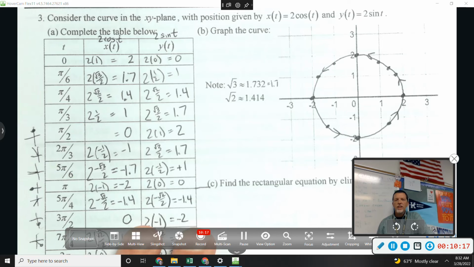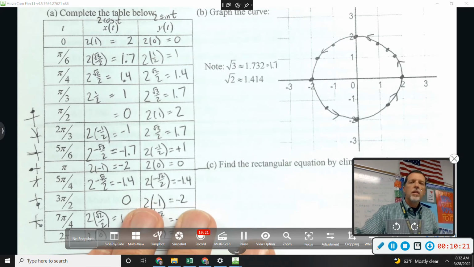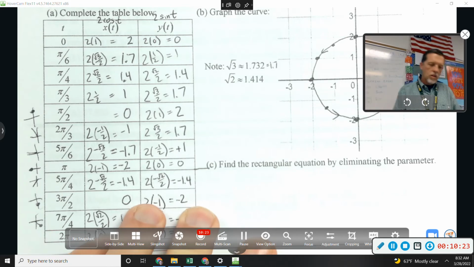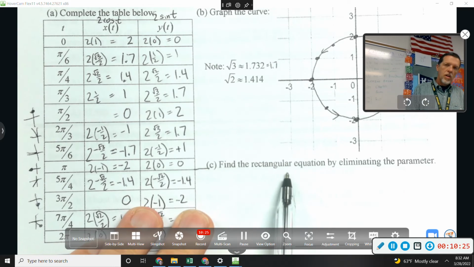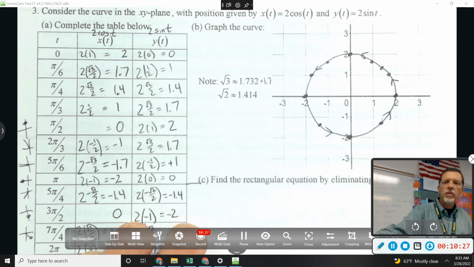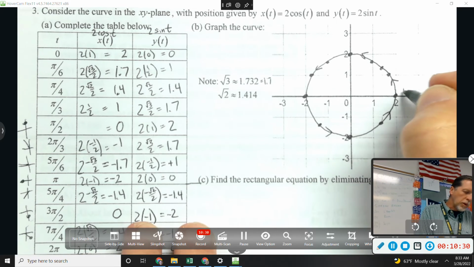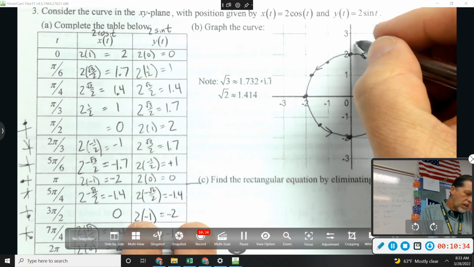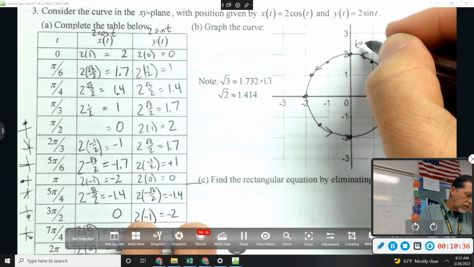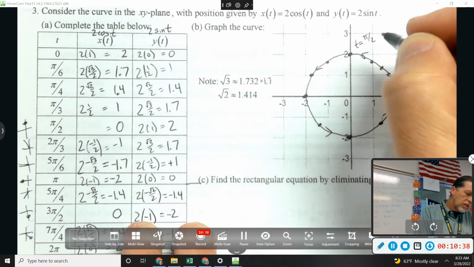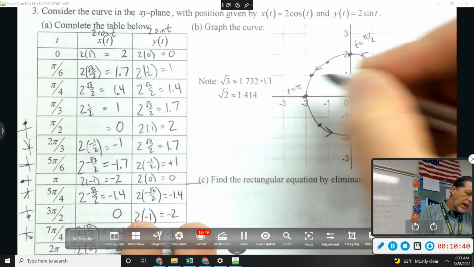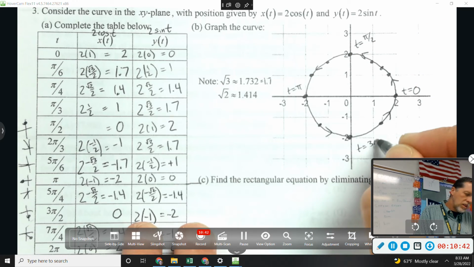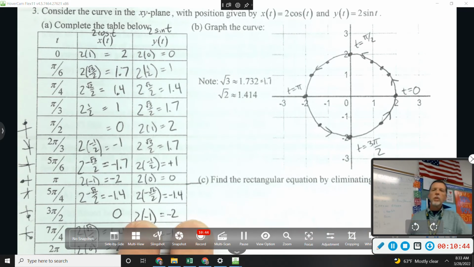That sure looks like a circle. Because the arrows are going that way because we started, this is where it would have been good to label t equals 0, t equals pi over 2, t equals pi, and so on. So we rotated around that way.